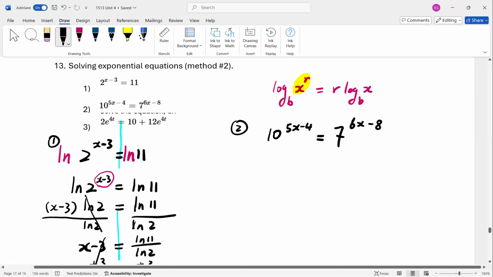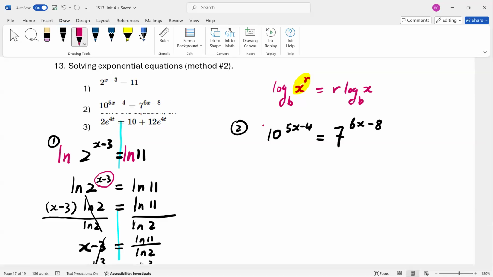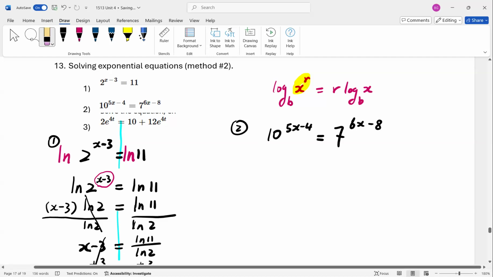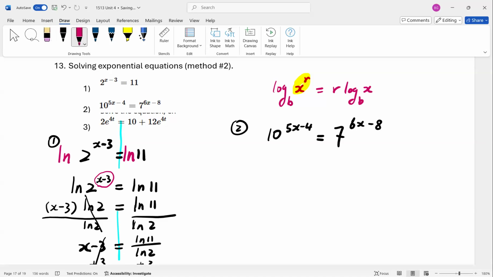Because we have a 10 here, of course you can do ln, no problem. The method I introduced just now works very well. But you know what, I want to play with this problem a little bit. Since the left side has the base 10, this time I'm going to do log, common log, on both sides. And let me separate the left side and the right side.